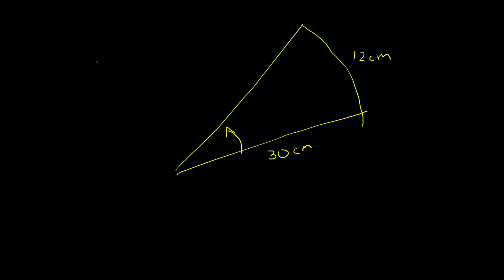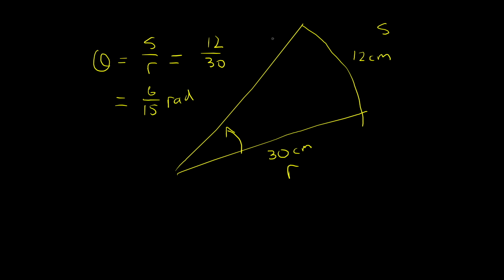Then to calculate the angle, we say it's the arc, which is S, and the radius is R, so it's S divided by R. This would be 12 divided by 30, and that would be 6 over 15 radians, or rads.